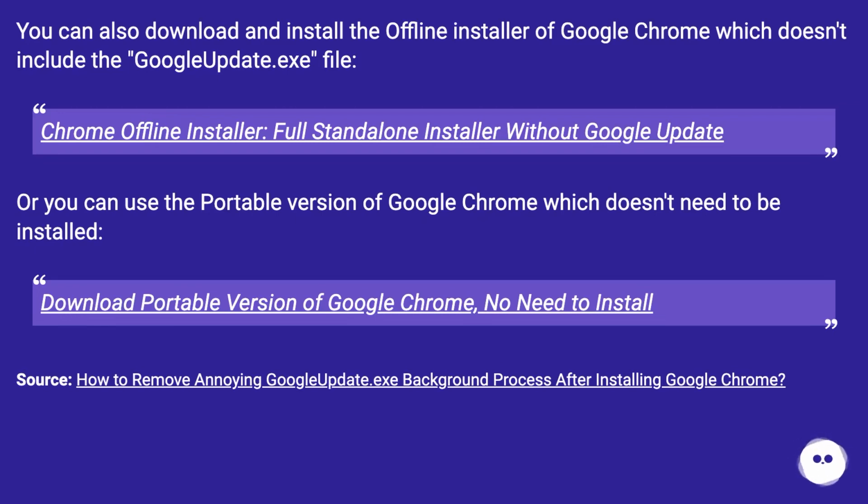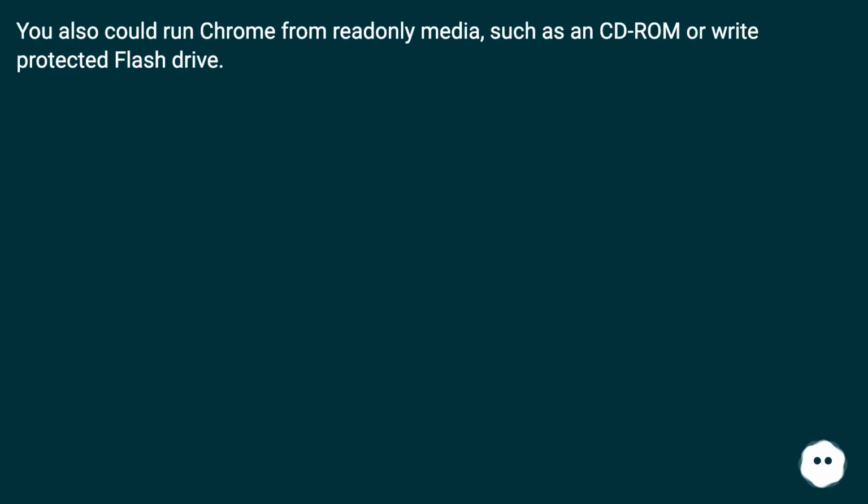Download the portable version of Google Chrome, no need to install. Source: How to remove annoying GoogleUpdate.exe background process after installing Google Chrome. You also could run Chrome from read-only media, such as a CD-ROM or write-protected flash drive.